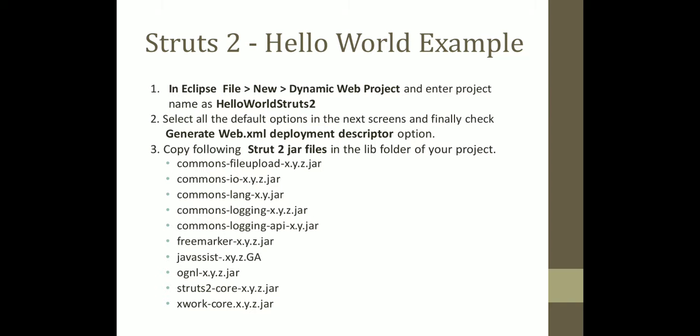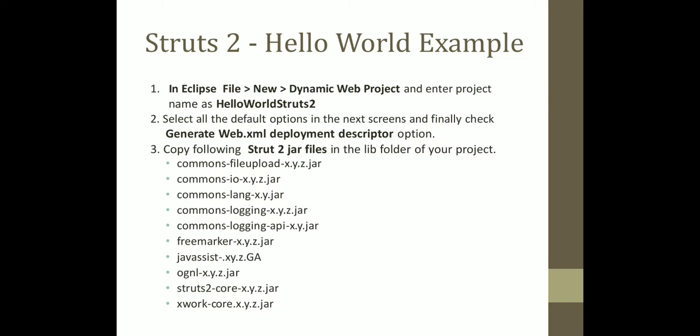Any name you can use here, but as we are going to see the hello world example of Struts2, the name is given as HelloWorldStruts2. Then select all the default options in the next screen and finally check the generate web.xml deployment descriptor option. So please listen carefully to all the steps.